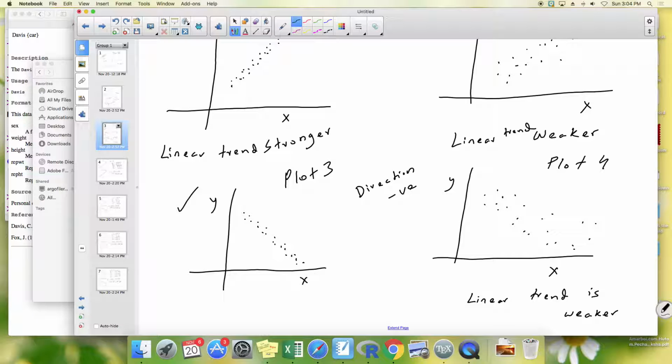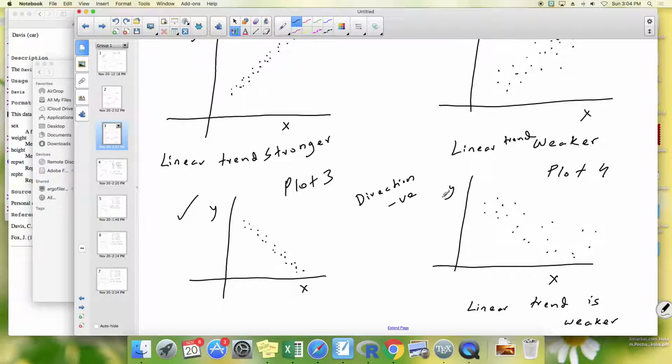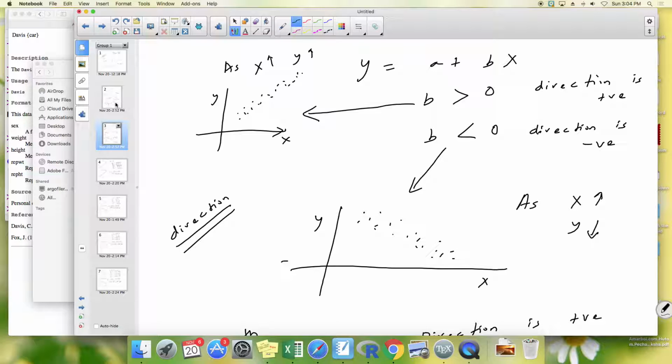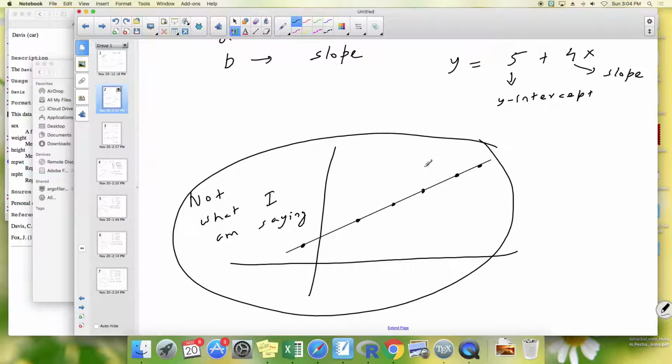And we can imagine that on this one, the linear trend is strongest. Why is it strongest?